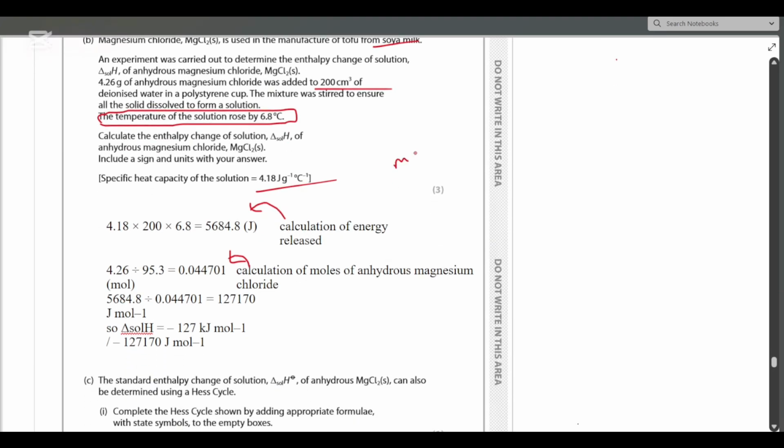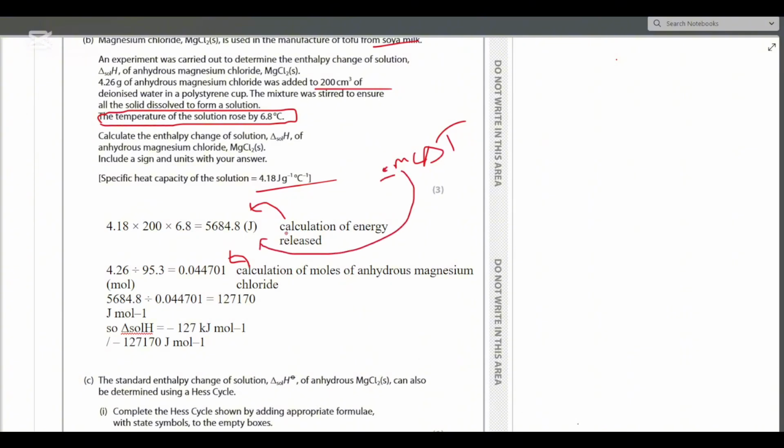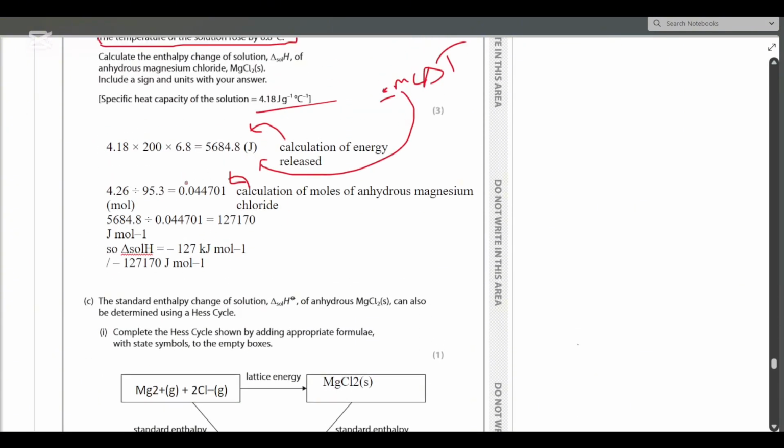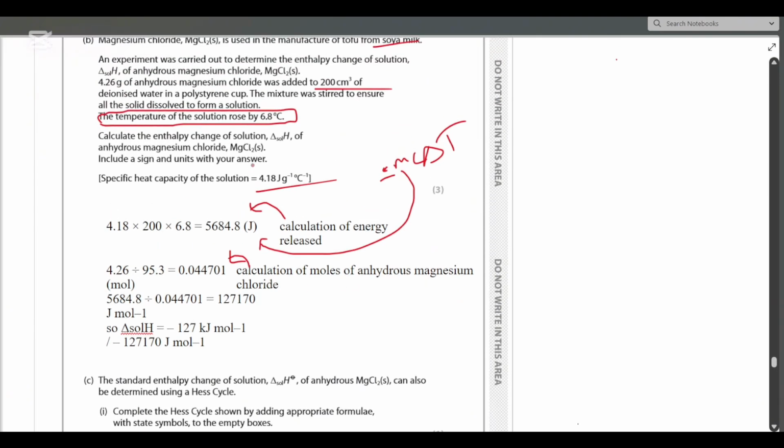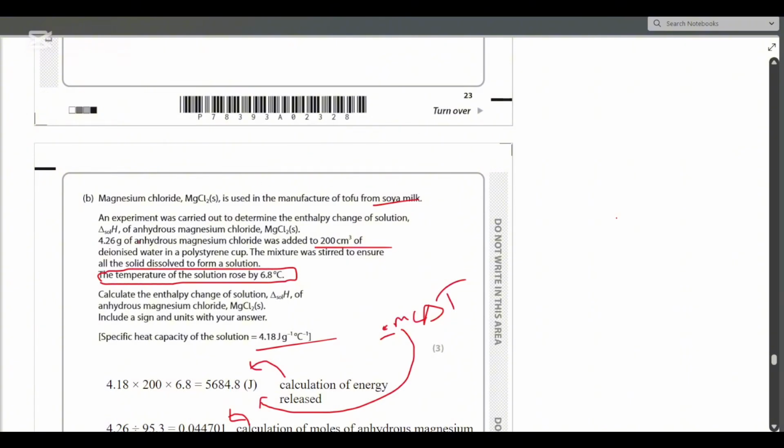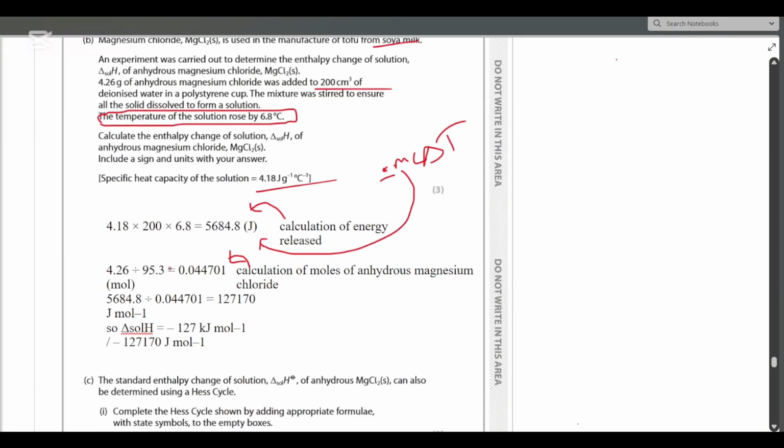We have the specific heat capacity, we know the volume of the solution, and we know 6.8 degrees Celsius is the temperature rise. So we can use the formula mcΔT to calculate the amount of energy released. Later, we can find the number of moles of anhydrous magnesium chloride using the mass of 4.26, find the molar mass and divide to find the moles.